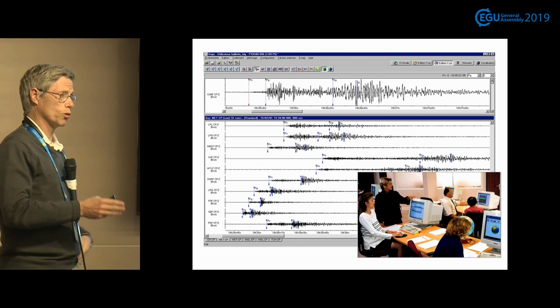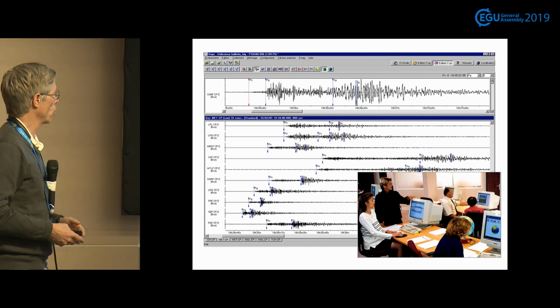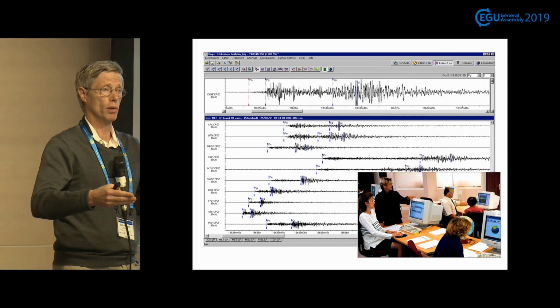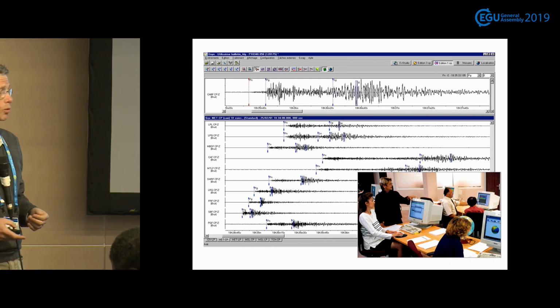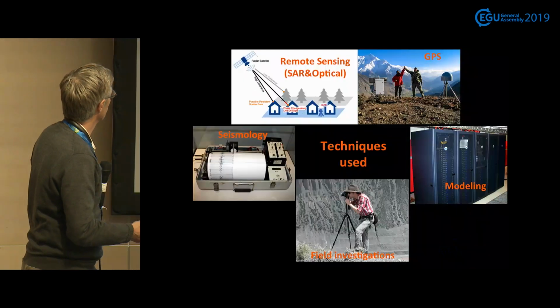We still do that, but we're moving more and more to using modern techniques like machine learning. And now you can feed those digital waveforms to an algorithm, and you detect 10 times as many earthquakes as what you can detect with analysts looking at the screen. So this is where this is going.